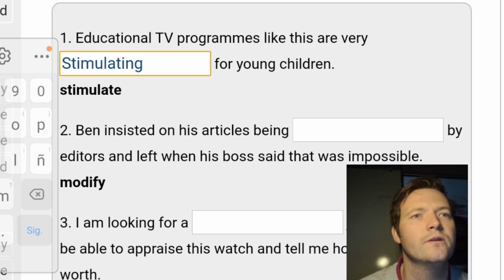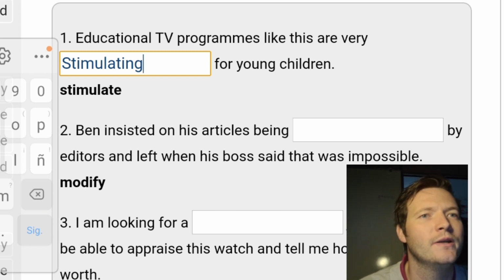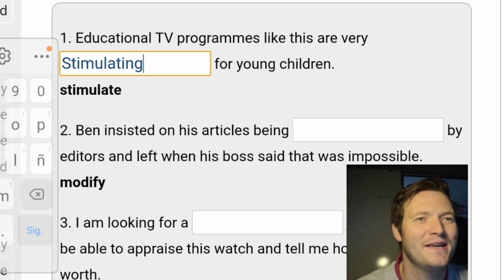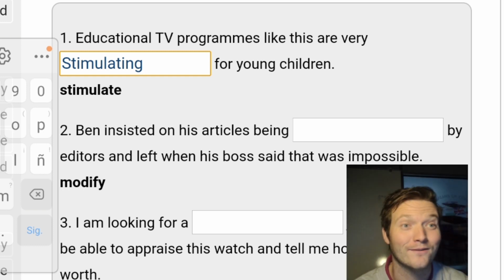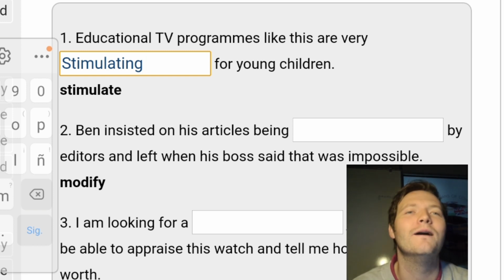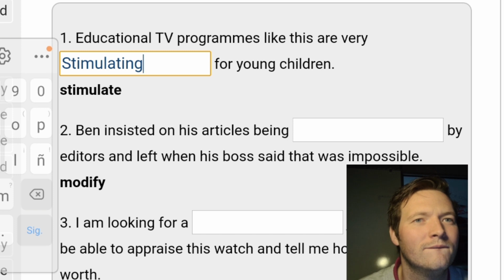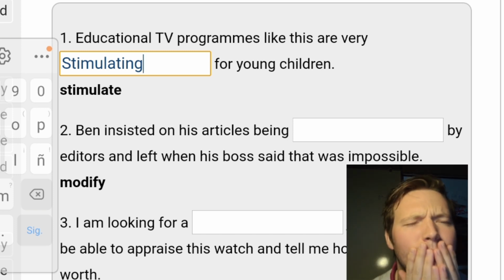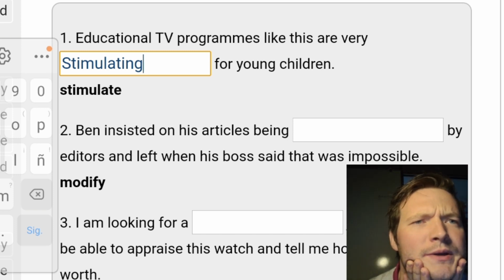Number 2, Ben insisted on his article being by editors and left when his boss said that was impossible. I'm going blind. Ben insisted on his articles being modified by editors and left when his boss said that was impossible.